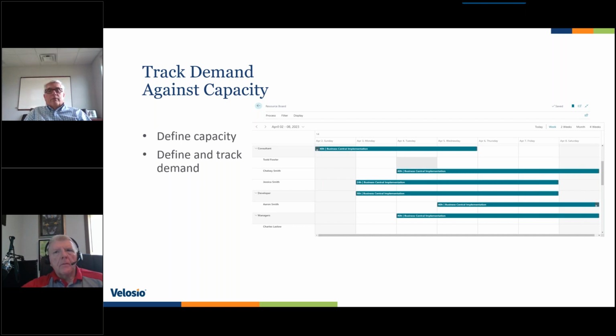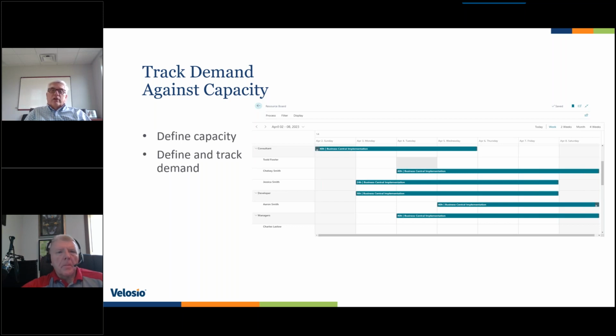And so defining capacity, what we call norm time as an example, allows us to distinguish. And then also, when you're measuring utilization, you're measuring against their capacity versus against the overall.